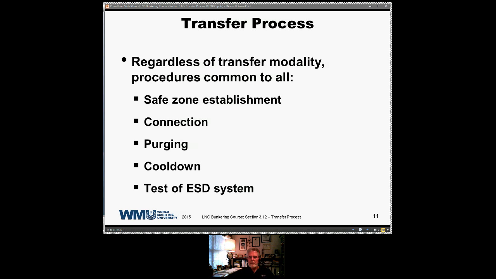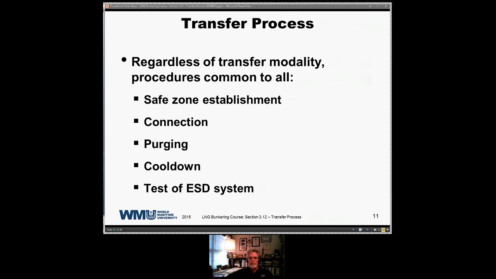Usually, if it's a terminal, it's going to be from the nitrogen supply of the shore terminal, and the nitrogen is put into the hard arm under pressure, and then is bled off until you have less than 1% oxygen, and the remainder of what's in that pipeline is now nitrogen. So you have this inert environment that you're working with. This is after the connection takes place, before the actual cargo operation starts.